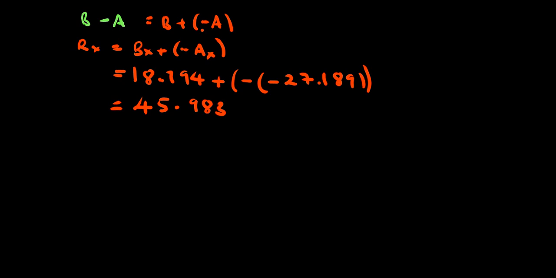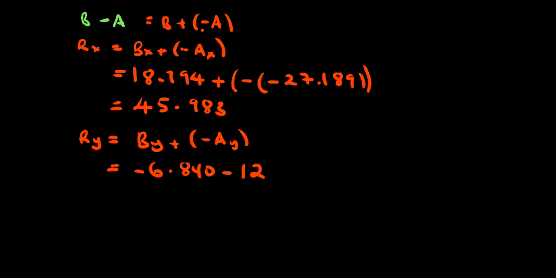Having written this here, when it comes to the resultant of y, doing the same thing, we have by plus minus ay. Then I will get my by to be negative 6.840. Then my ay, I will multiply this negative by 12.679, then I'll get negative 12.679.